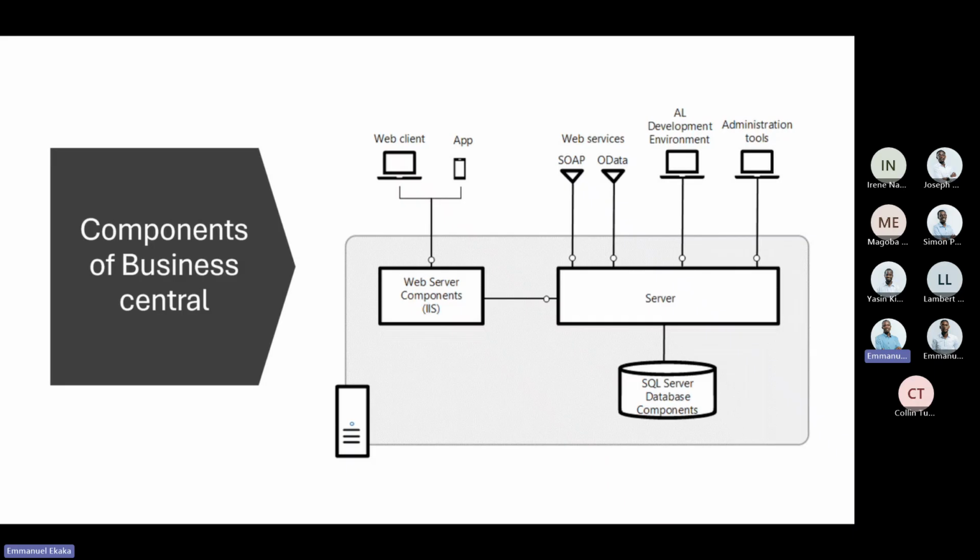Then directly on the server, we have web services, which are more so APIs, and they support SOAP or OData standards, which are widely used in the industry for integration between systems. Then still on the server is where our AL developments are, whenever we publish our extensions. And there are administrative tools, especially in the cloud, where we have an administrative panel.